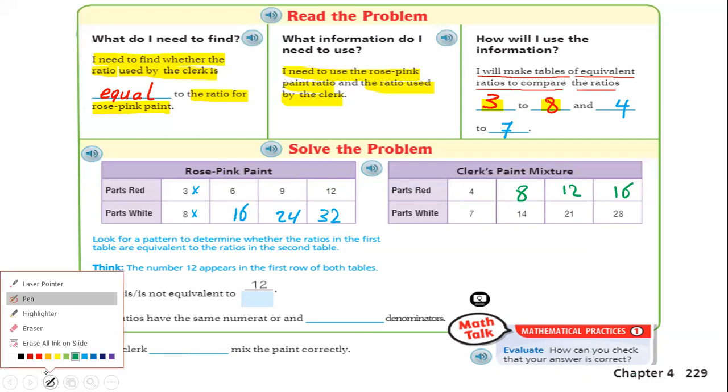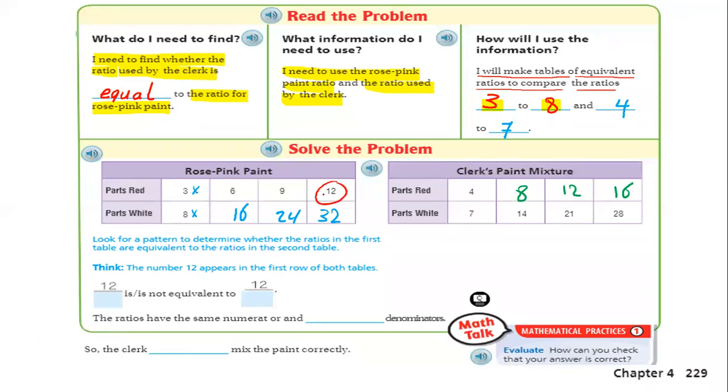So we noticed 12 as a common numerator for both ratios. All right, let's take them outside. The first ratio is 12 over 32. For the second ratio, 12 over 21.